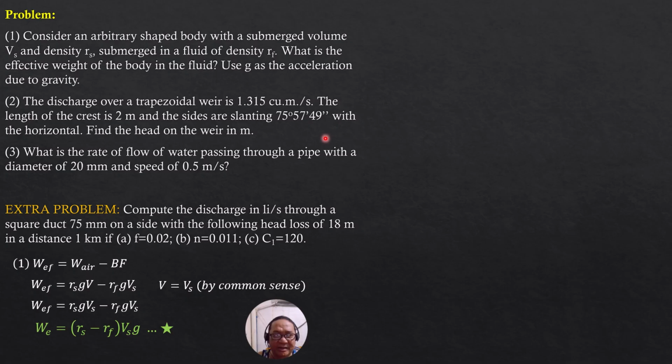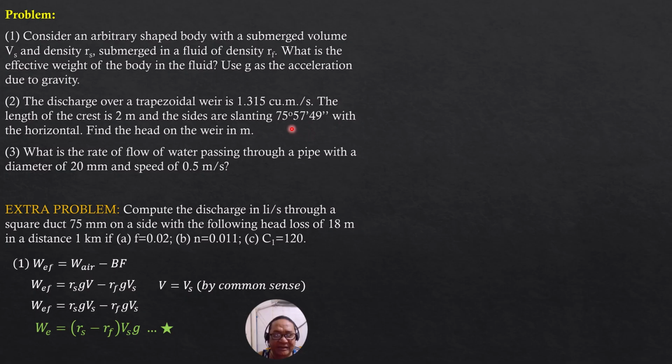Now, there is also a possibility that when the tangent of the angle that the slanted sides make with the vertical is 1/4 or 0.25, then it is a Cipolletti weir. So let's attempt to do that.